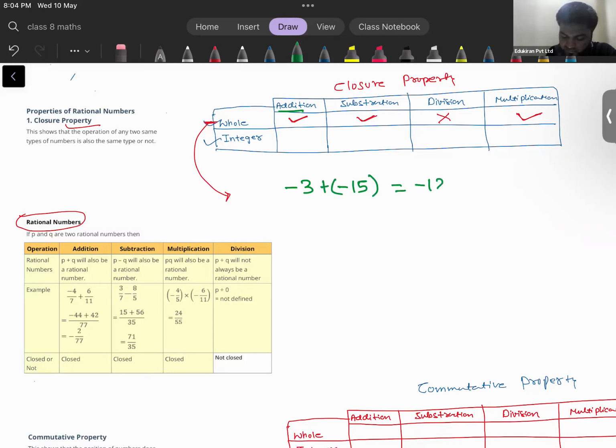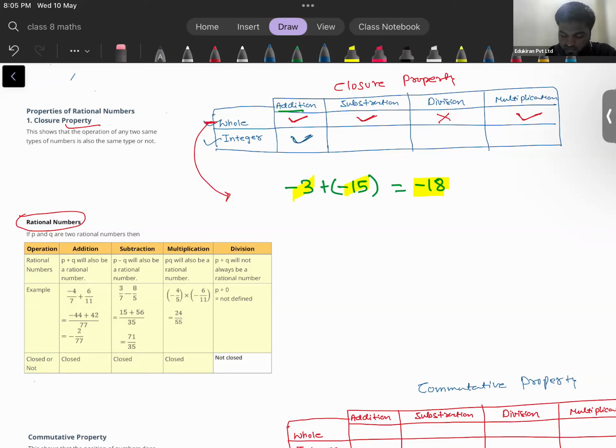It is -18, right? Yes. And -3, -15, and -18, all these three values are integers. So if we add two integers, we get an integer. So integers follow the closure property for addition. So we say it is applicable.